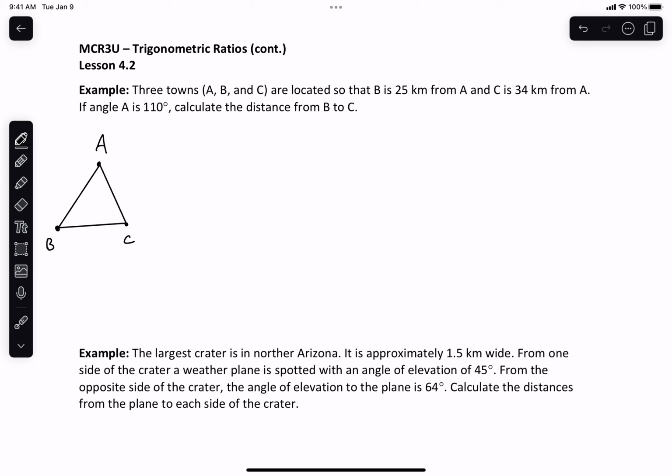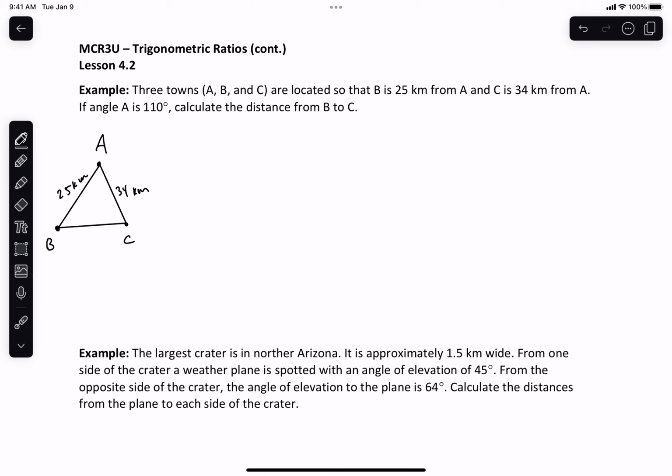Okay. So it says here, 3 towns, A, B, C, are located so that B is 25 kilometers from A. So B is located 25 kilometers from A. And then C is 34 kilometers from A. And again, don't worry about the accuracy of your diagram.